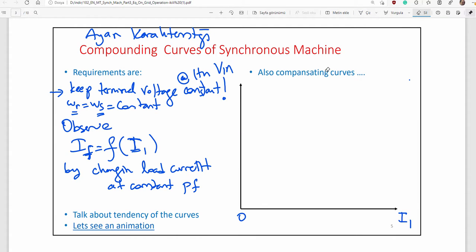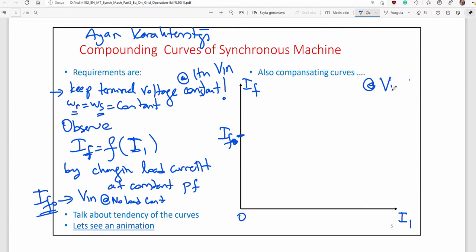Here's field current, and then here's IFO. You know what IFO is. IFO results in V1 rated nominal at no load conditions. You previously know this. So IFO adjusted. During the experiment, voltage is kept constant at its rated value.